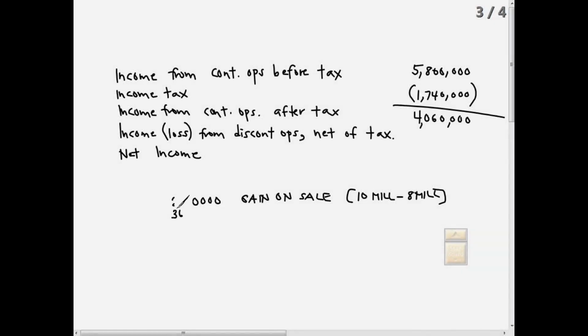Sorry, this doesn't look very much like a zero. 200. Okay, the $3.6 million loss from operating the segment in 2011. Okay. So I was at 1.6.